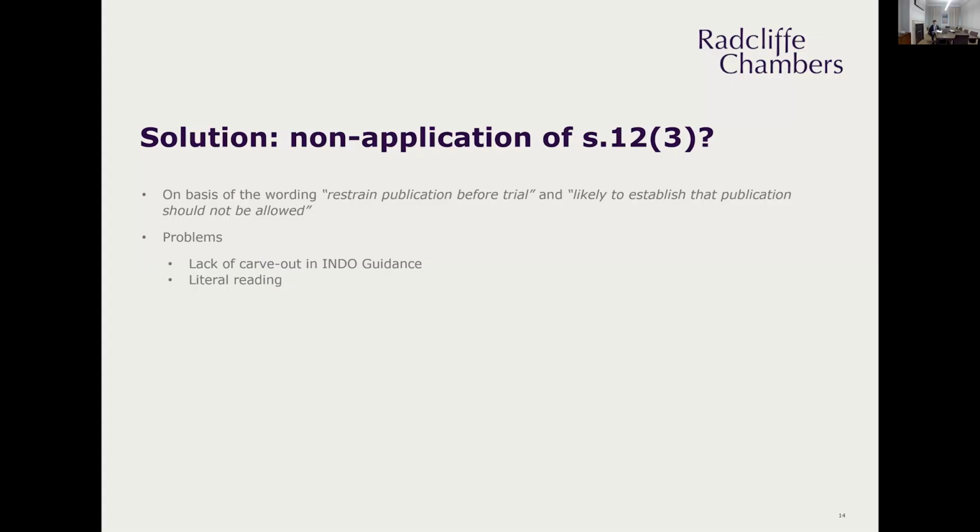There are a couple of problems still in that there is a lack of any express carve-out for this in the INDO guidance. This sort of carve-out isn't mentioned. And on a very, very literal reading of Section 12 in its entirety, you might say that there is still a problem and that Section 12.3 still applies. But this is likely to be the most feasible of the solutions.